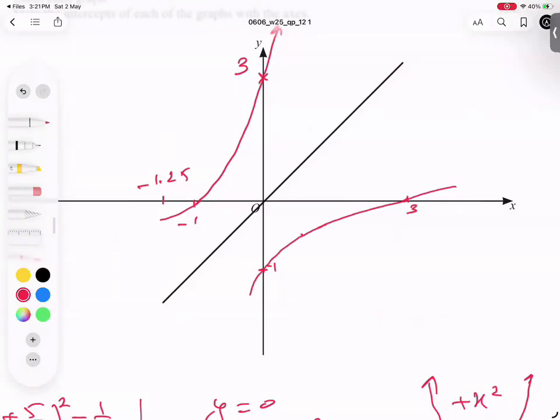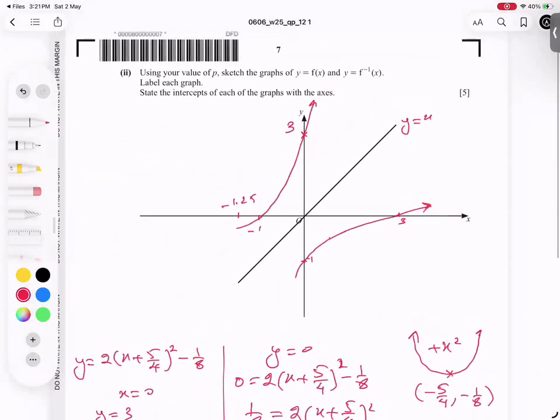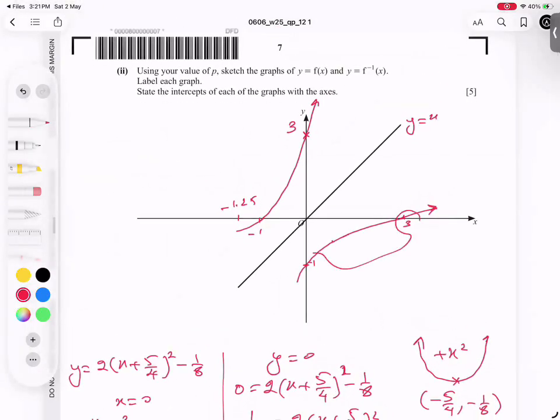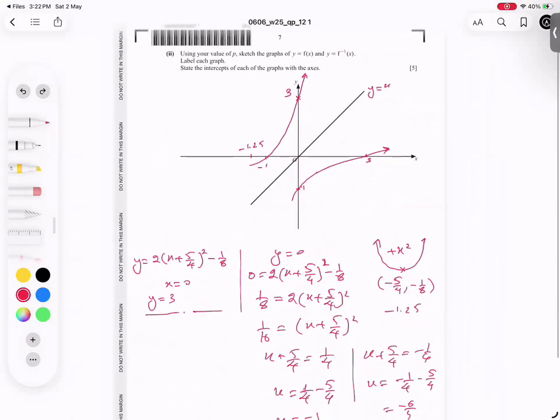That's it. And I hope you're understanding, students. This graph and that graph are a reflection of each other in the line y equal to x. So what he was asking, state we have to show these two points are compulsory. These are very important. I hope the concept of the question is fully clear.